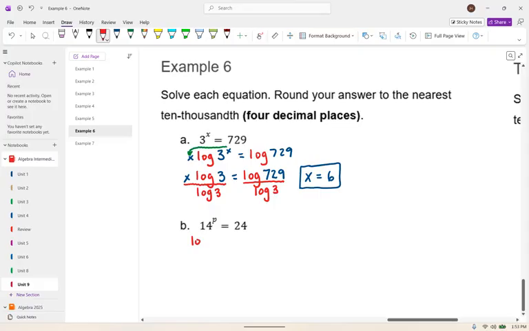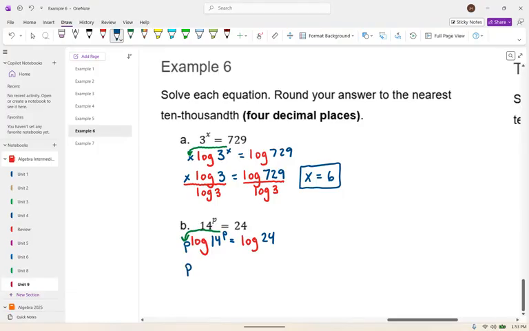So I'm going to do the log of 14 raised to the p equals the log of 24. And again, I use that log so I can use the power rule to bring the exponent down. And so I'll have a p there.